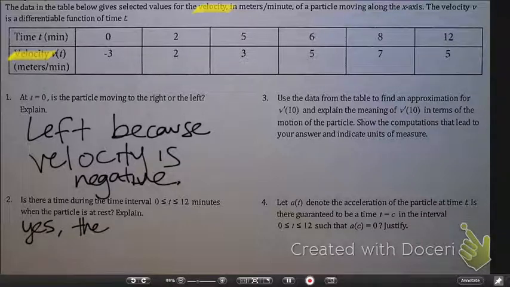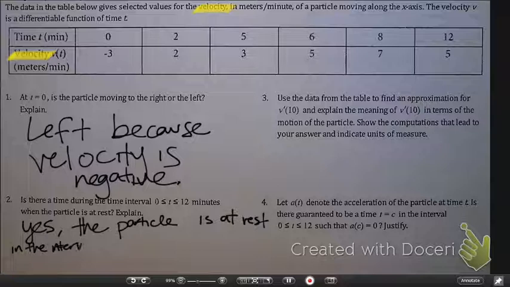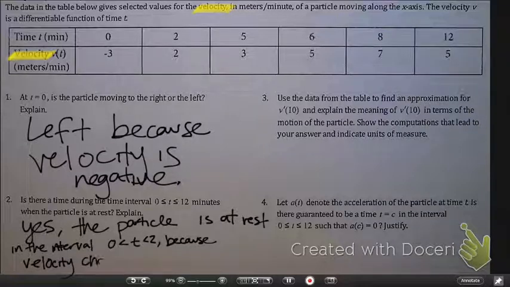The particle is at rest, and I want us to put the interval there, in the interval between 0 and 2. So when 0 is less than t is less than 2. Because velocity equals 0, or velocity is changing sign. Velocity changes sign.